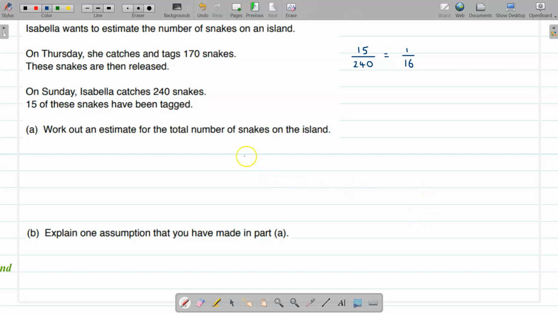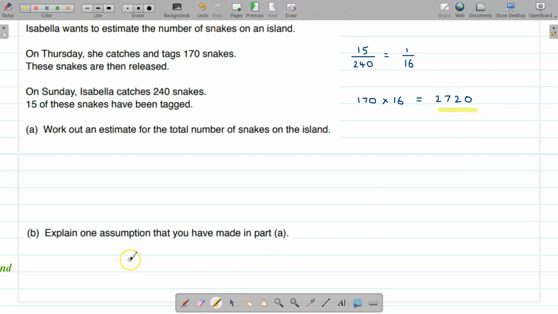So if she had tagged 170, then the total number of snakes must be 170 times 16. And that comes to 2,720 snakes. And that's how it works. So that's the answer to part A.